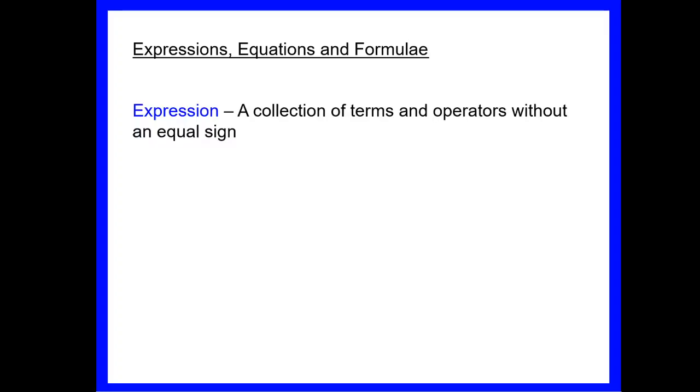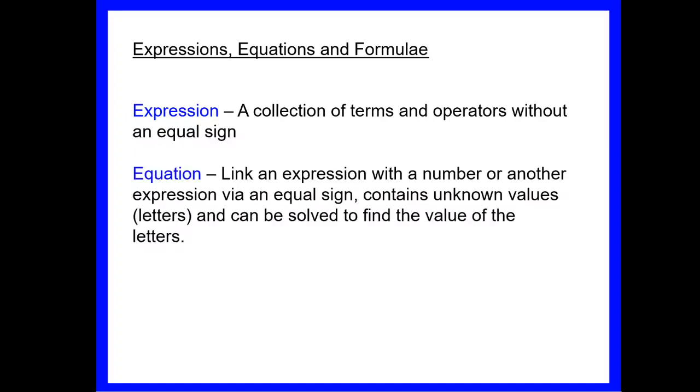Okay, so finally then today, our last objective, we need to look at expressions, equations and formulae. We need to be able to tell the difference between them. So, an expression is a collection of terms and operators without an equal sign. So remember, terms are numbers and letters, operators are our plus, minus, times, divide and brackets.